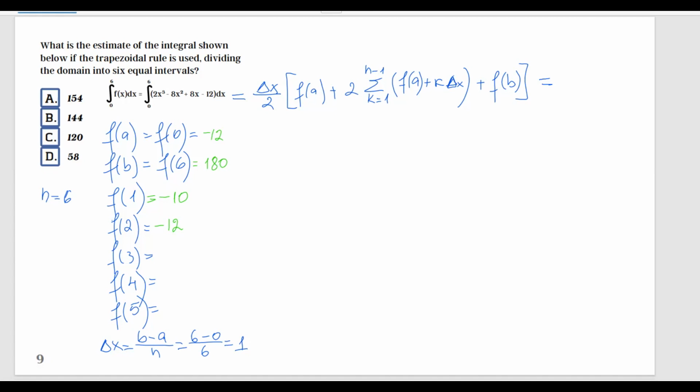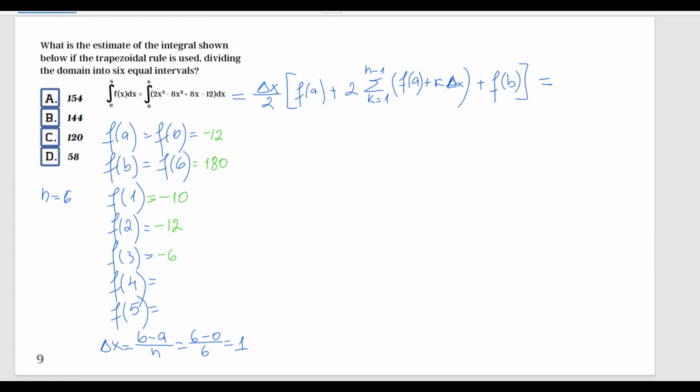Next, f of 3, 2 times, let's say 3 power 3, 27, 2 multiplied. And then we have 3 power 2, 9 times 8, 72, minus 8 times 3 is 24, plus 12 minus, so f of 3 is minus 6.